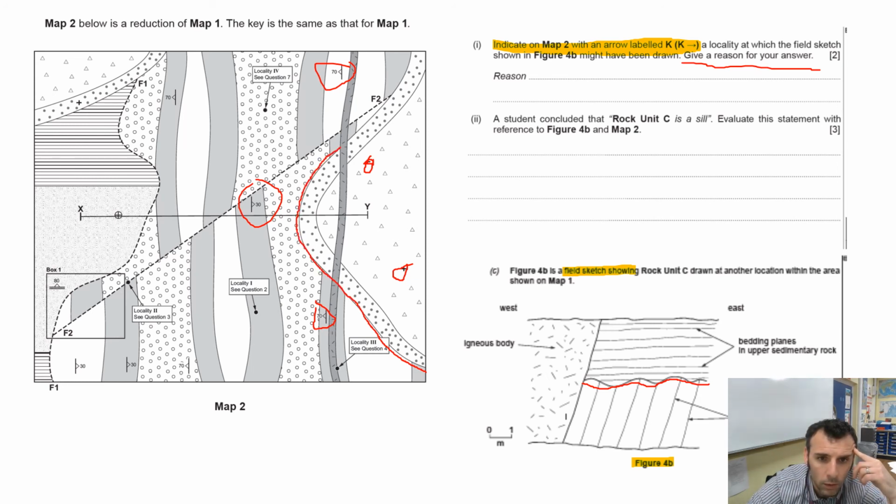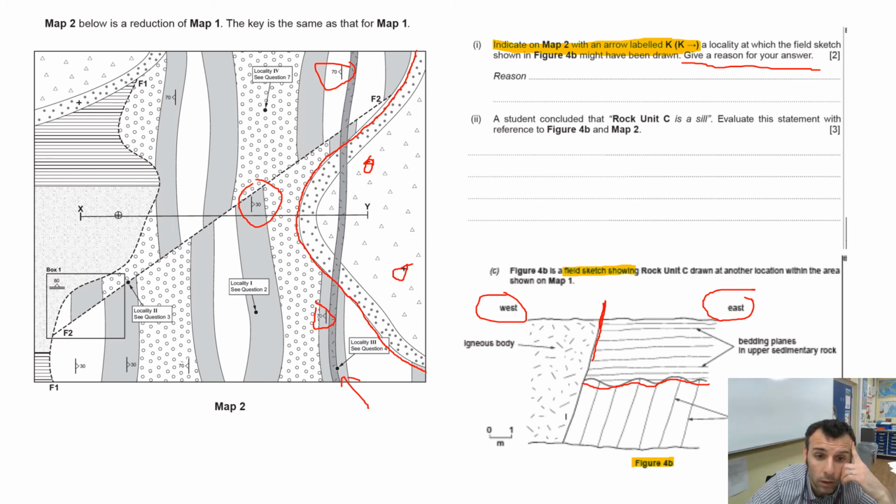So where we are looking is going to be very, very important. We've got a west side, we've got an east side, and the boundary between the intrusion and the sedimentary rocks is there, so the igneous body will be on the westerly side. So we're clearly no longer in this locality, but you'll hopefully be able to work out where it is.